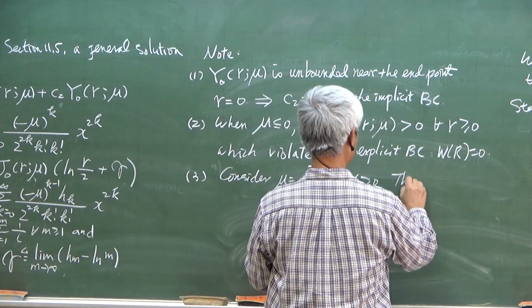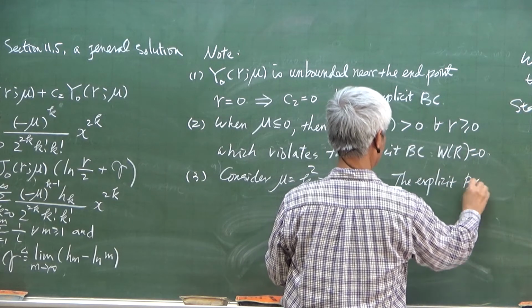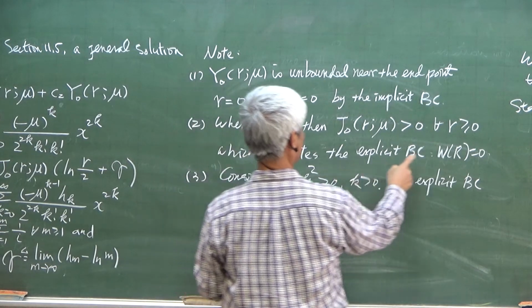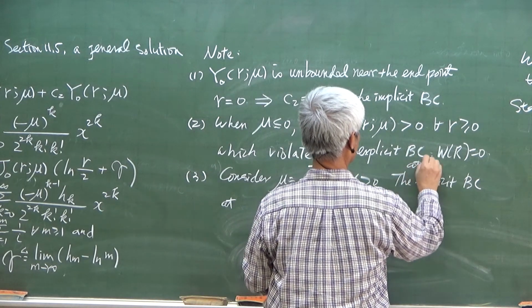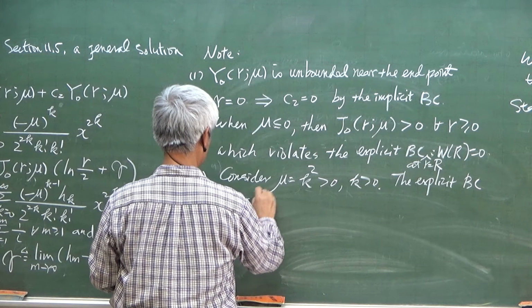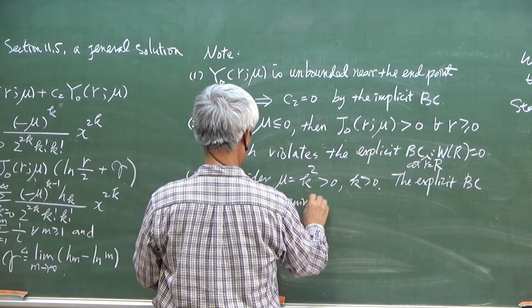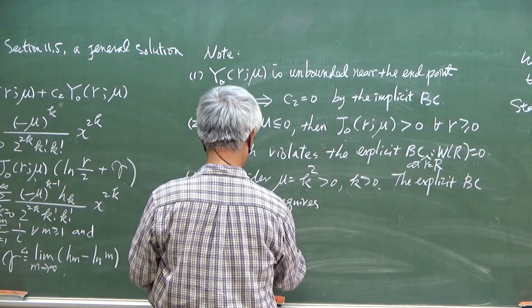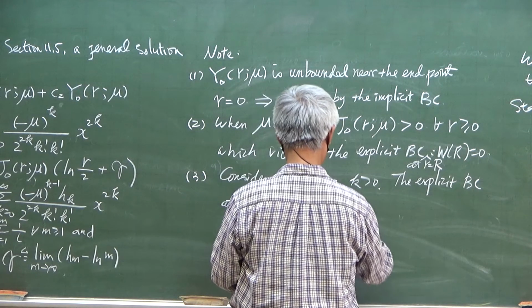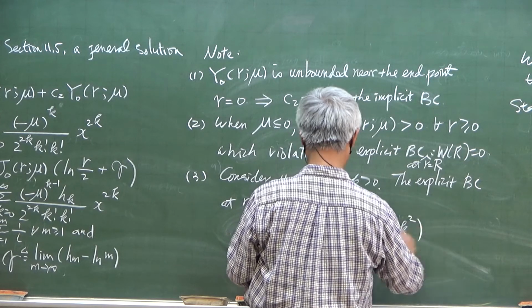And the explicit boundary condition at r equal to R requires what? It should be 0.